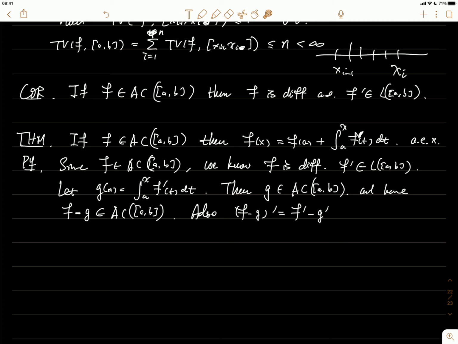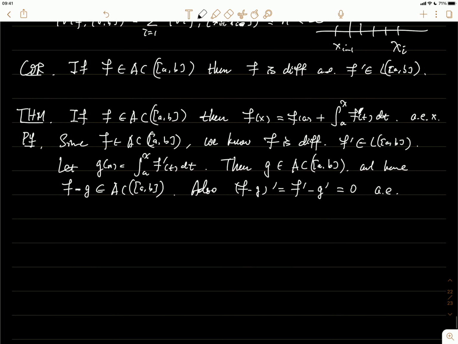The key of g prime is that g equals that integral. So g prime will be equal to f prime almost everywhere, right? That's because g is defined in this way. And so that's why this difference of these two will be equal to 0 almost everywhere.